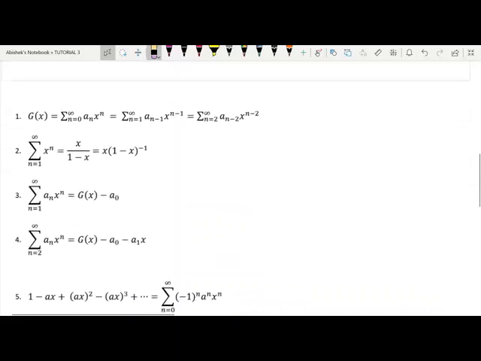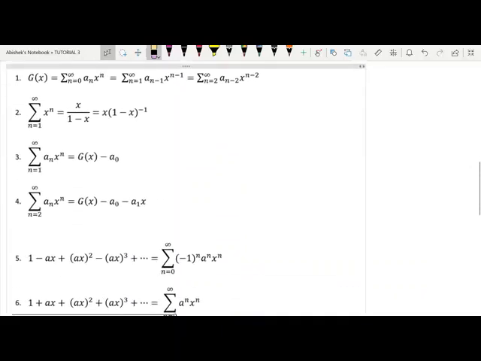These are the standard results used to solve recurrence relations. g of x equals summation n equals 0 to infinity a n x power n, or n equals 1 to infinity a n minus 1 x power n minus 1, or n equals 2 to infinity a n minus 2 x power n minus 2. Summation of n from 1 to infinity x power n equals x into 1 minus x whole power minus 1.